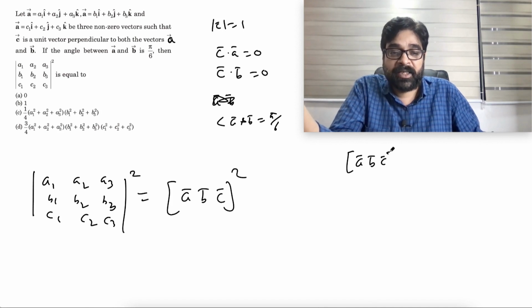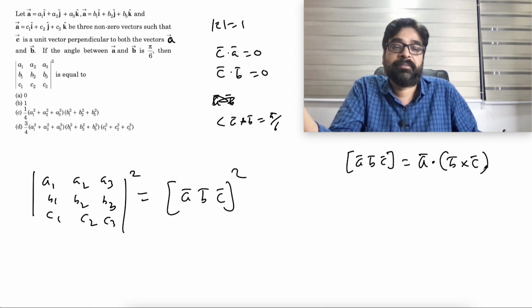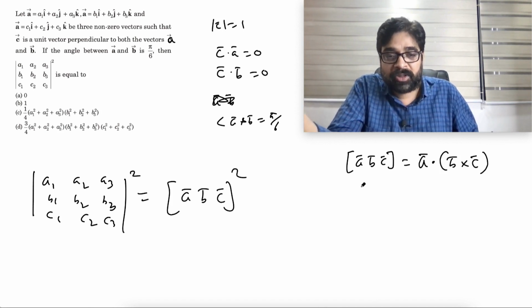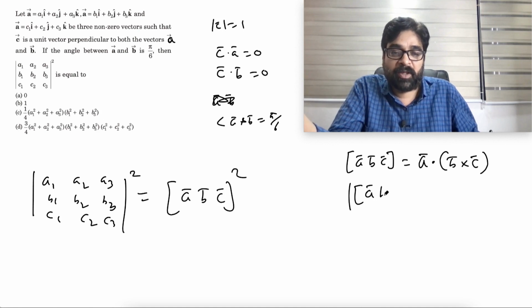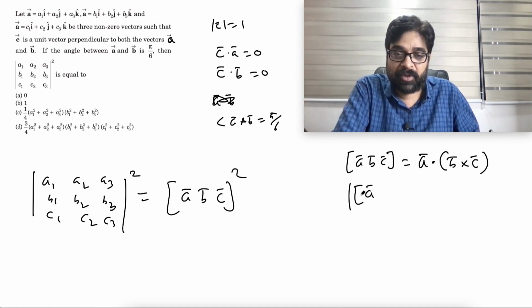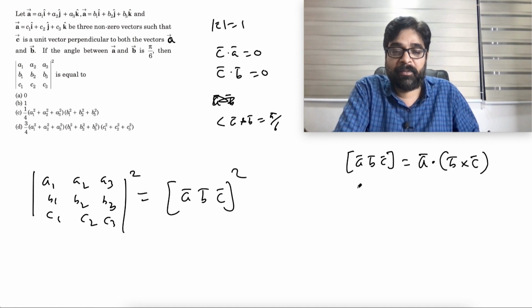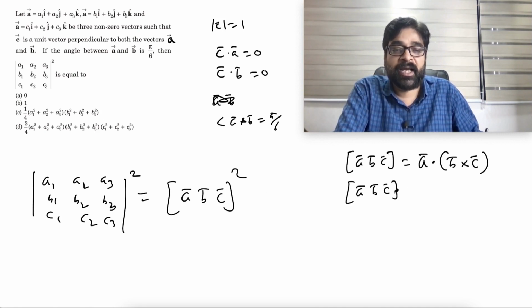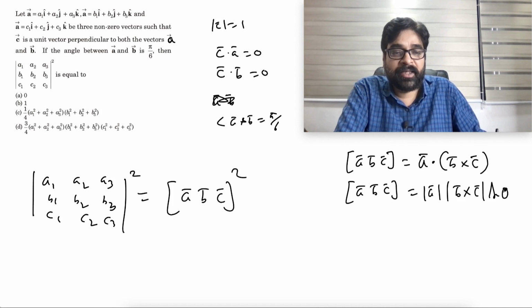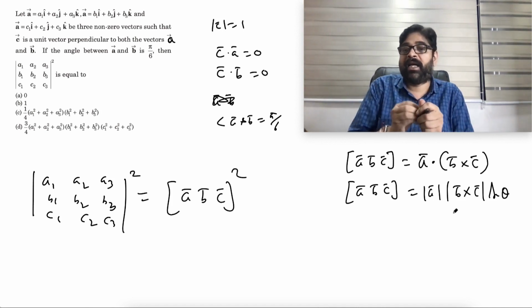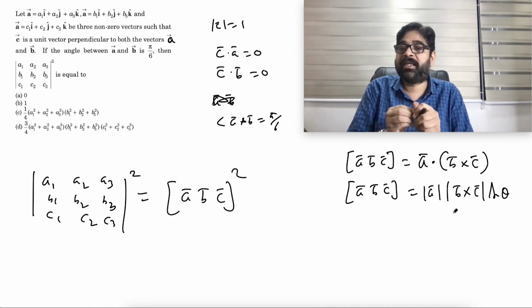Box ABC is equal to A dot B cross C. So box ABC square. No need of taking mod because we are going to take a square. So box of ABC, I can write mod A, mod B cross C, sine theta.